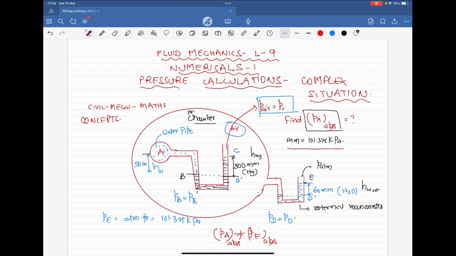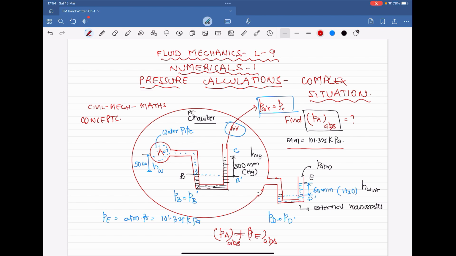The mercury column inside the closed chamber has a height of 300 mm, and the center of the water pipeline above the lower mercury column height is 50 centimeters, that is the height of water.